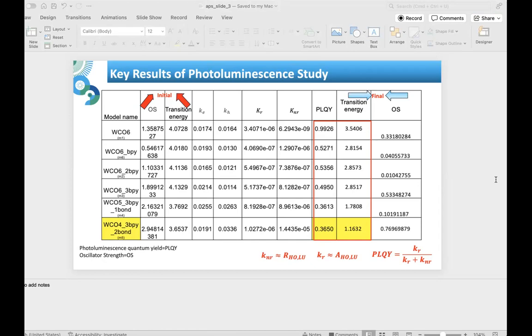So when we look at the result table, the PLQY, photoluminescence quantum yield, for different models gives us different values obviously, and for the one tungsten 3 bipyridine with double bond, it shows a PLQY of 0.3650, so it's 36.5%, which is highlighted in the figure.